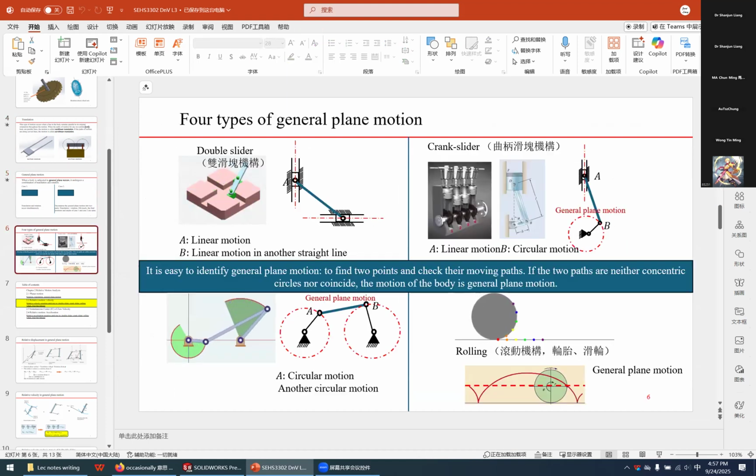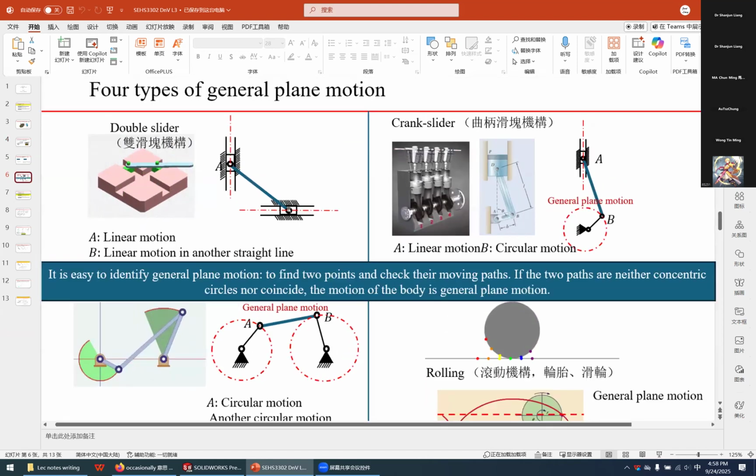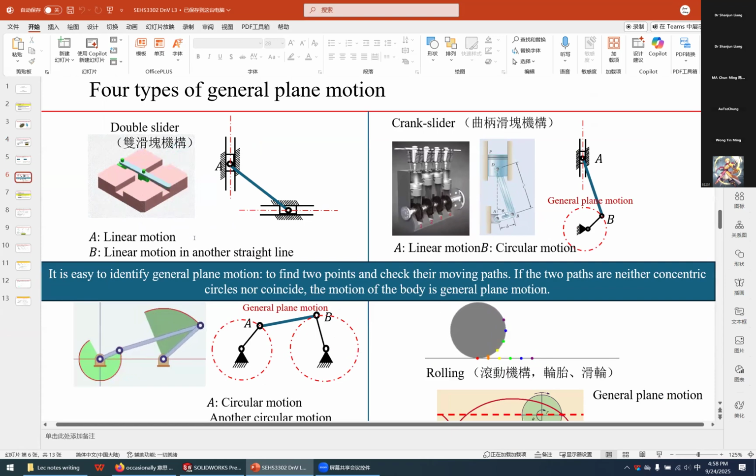When coming to the four types of general plane motion, for the first one, look at the linkage linking two points. The linkage is in a general plane motion because, one more time, it is not a rotation. If it is a rotation, there must be a fixed axis it can rotate about, but there is none. Therefore, it is not a rotation.